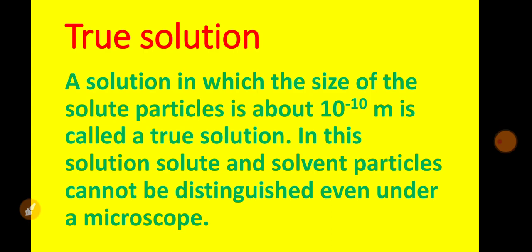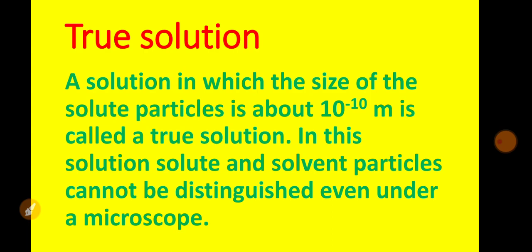Because the particle size is very, very small, the particles will not settle down, diffusion will be very rapid, and it will be a clear solution. Understood? And it will not be visible with any of the optical means.